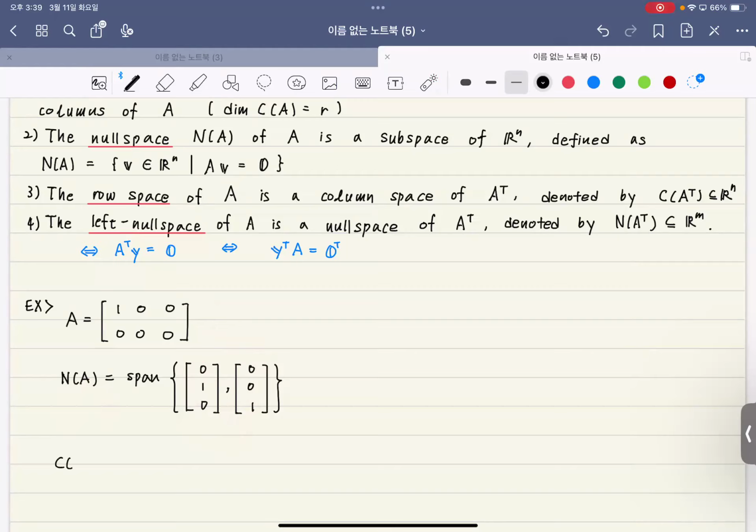Okay. What about the column space? The column space is very easy because, by definition, the column space is the space spanned by the columns of matrix A. But here I can only find one single non-zero vector.